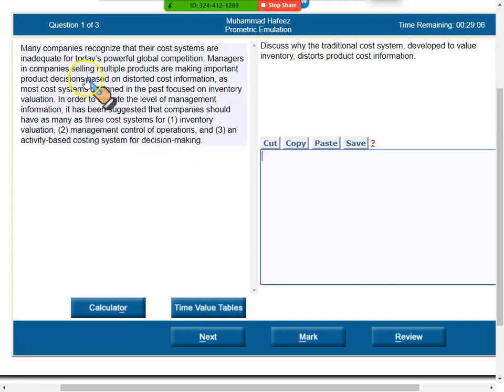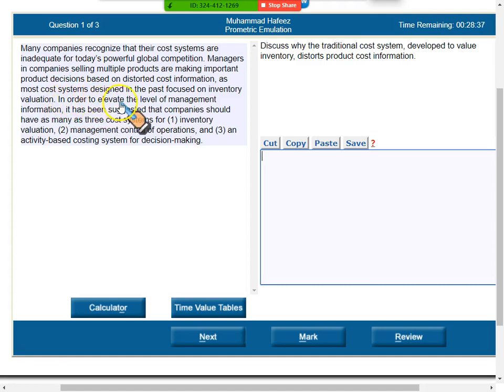So you can see it's comparatively a much smaller essay type. Many companies recognize that their cost systems are inadequate for today's powerful global competition. Managers in companies selling multiple products are making important product decisions based on distorted cost information, as most cost systems designed in the past focus on inventory valuation, which you call the traditional cost accumulation system or absorption costing.